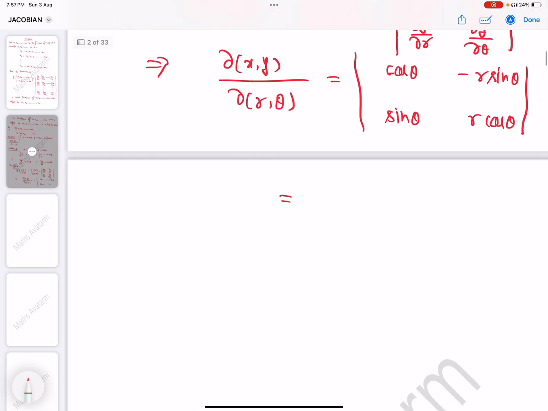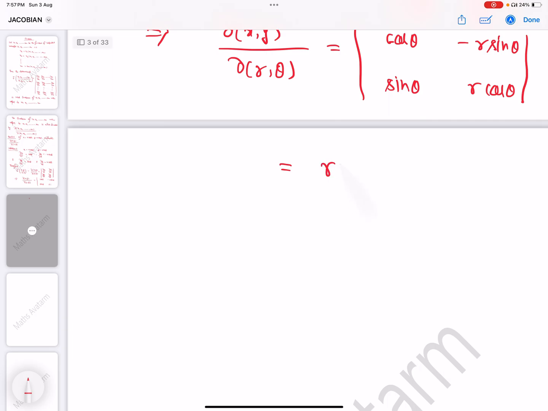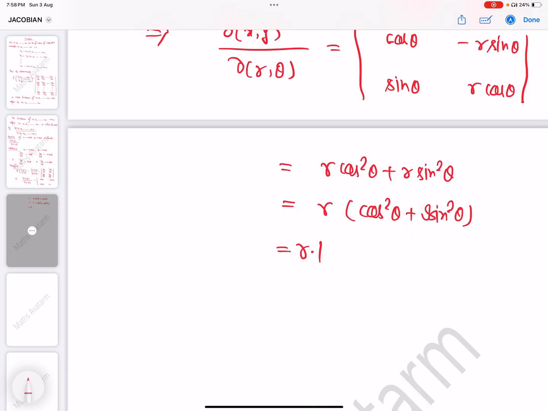This determinant is nothing but r cos square theta plus r sin square theta, which is equal to r (cos square theta plus sin square theta). This is 1. So this implies del(x, y) upon del(r, theta) is equal to r. See, we got its value.